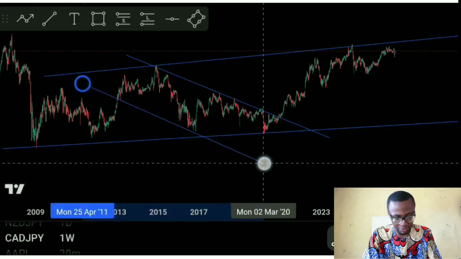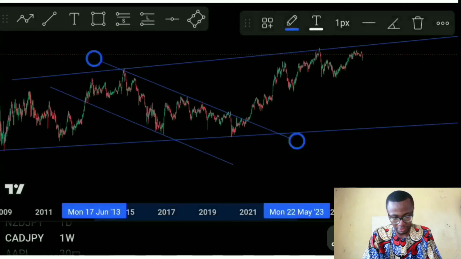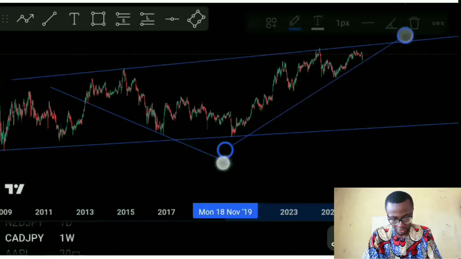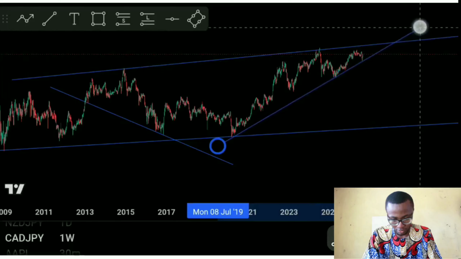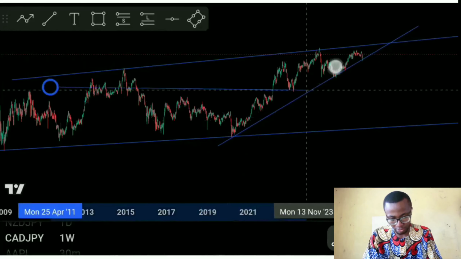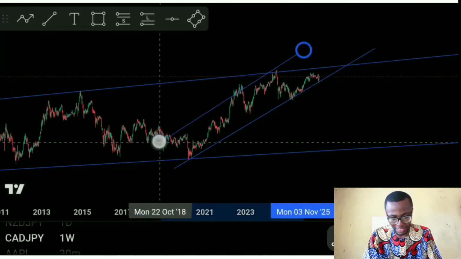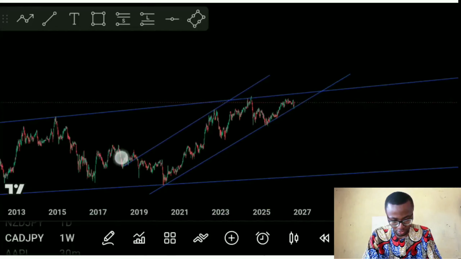So this downtrend has finished forming. Currently, it's no longer a downtrend. So it's now an uptrend. Touch this low, also touch this low. So touch the lowest lows, and touch this high. The reason why we are focusing on the uptrend is because the downtrend has finished forming.